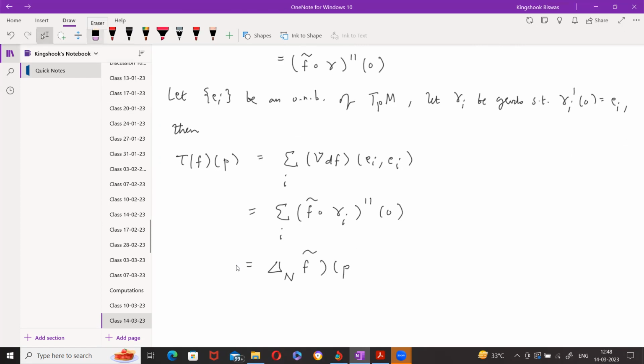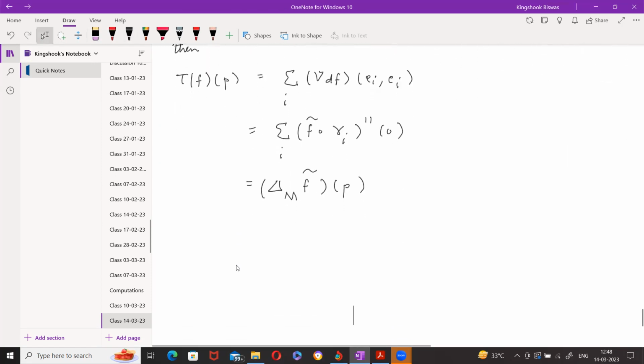No, at the point P. This is the Laplacian on M, sorry. F tilde is defined on M. So F tilde is the log composed with F, right?